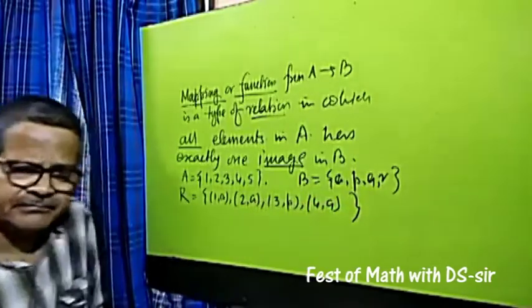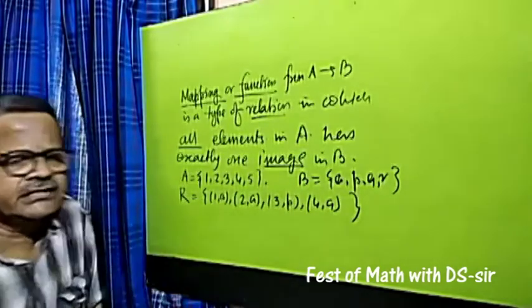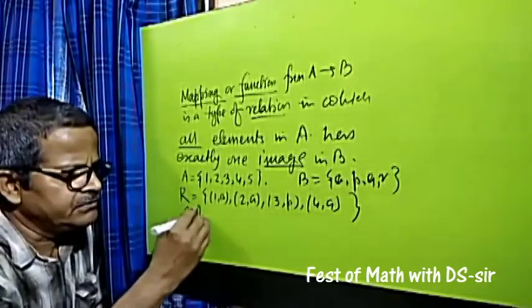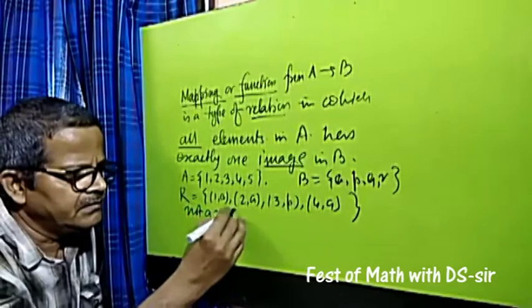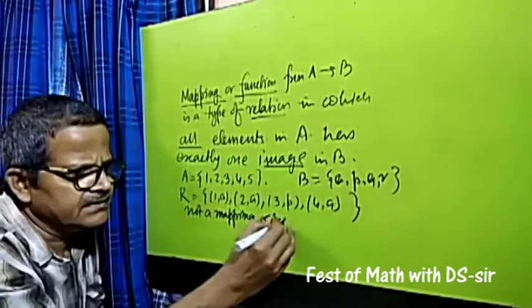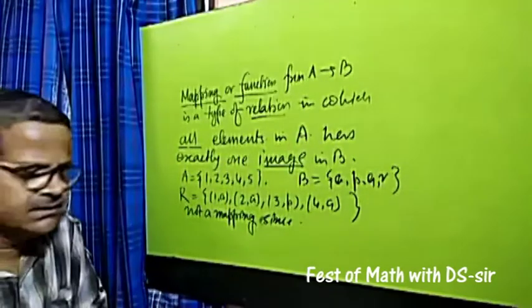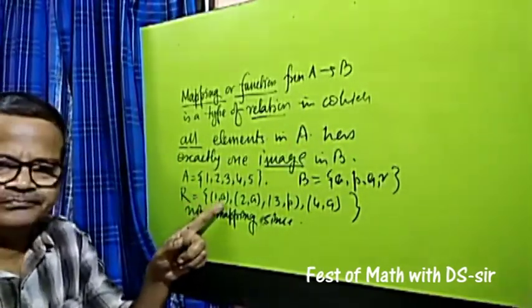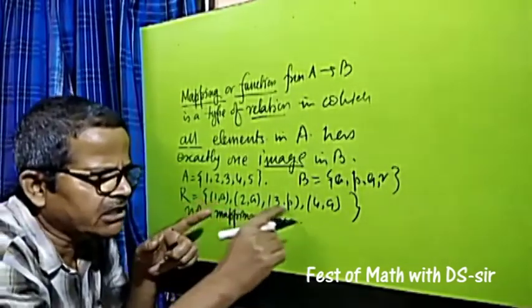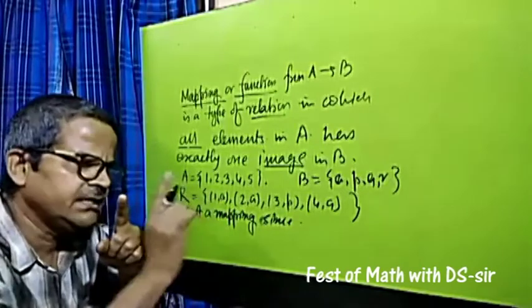Now this is a relation from A to B. But see, this relation is not a mapping. Why? Since all elements of A must have exactly one image. Now see, one has image a. Is there any ordered pair starting with 1? No. So 1 has only one image a.